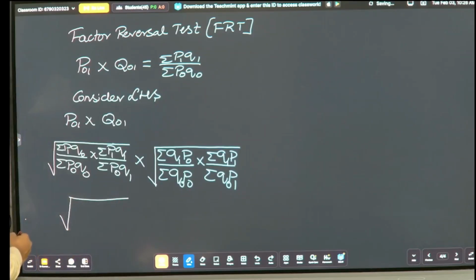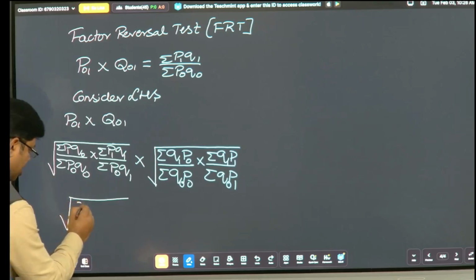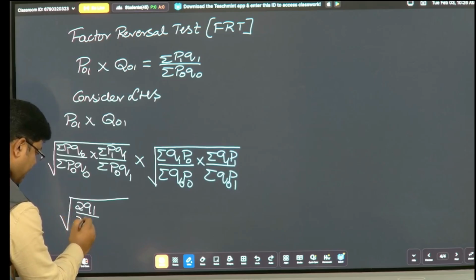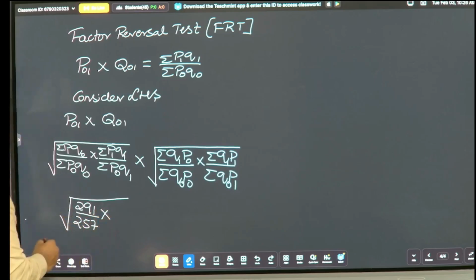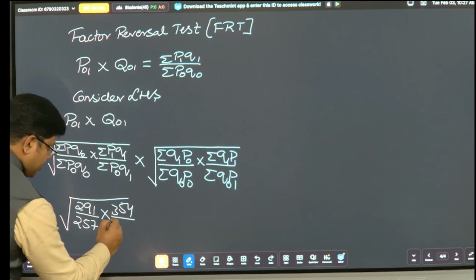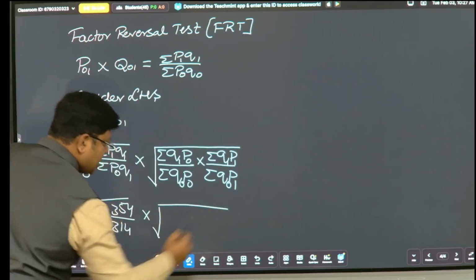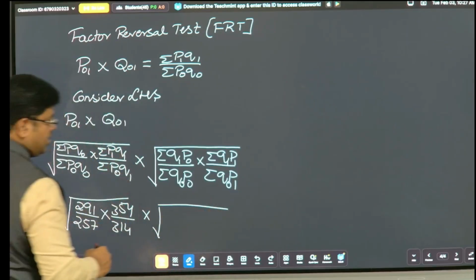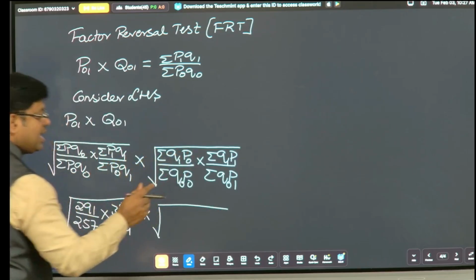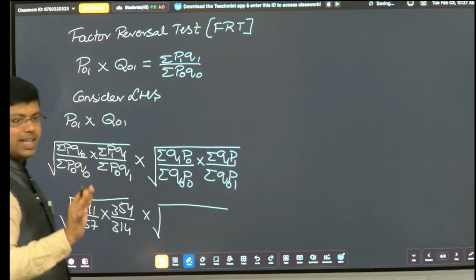Okay, summation P1 Q0 from the table, can you please tell? 291 divided by 257 into 354 divided by 314. Now, please listen. There is a slight confusion maybe. Summation Q1 P0 is nothing but P0 Q1, both are same.